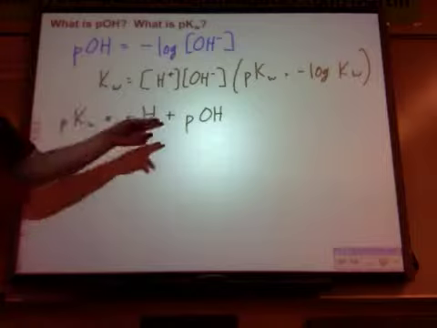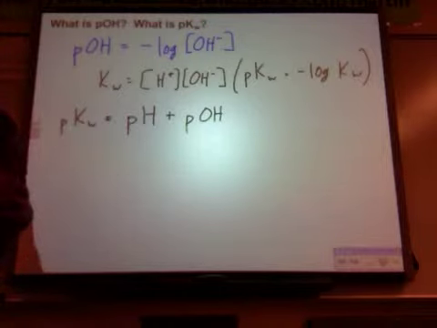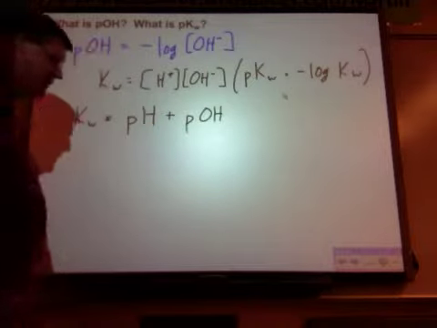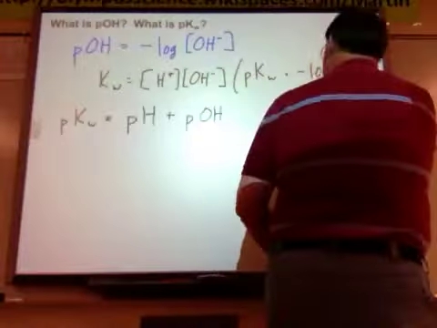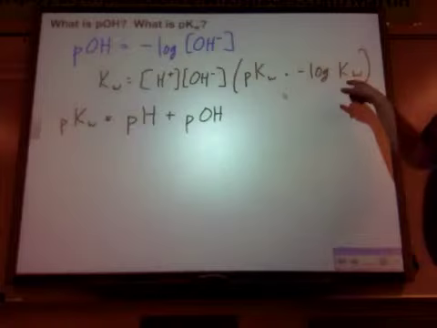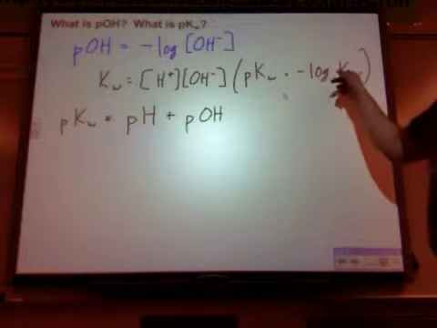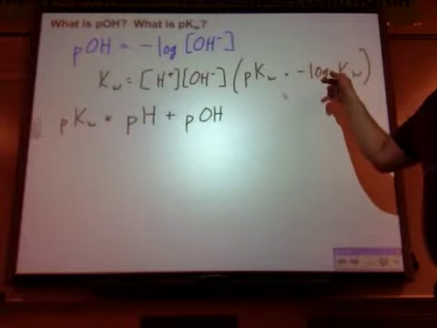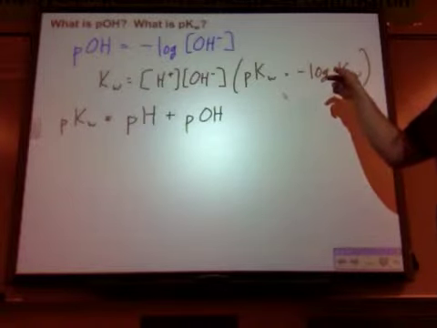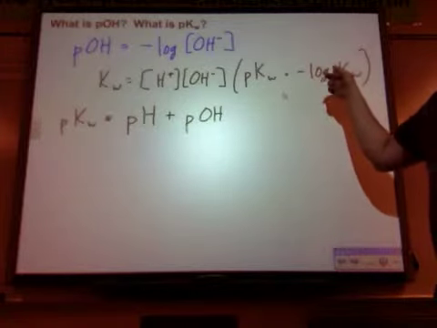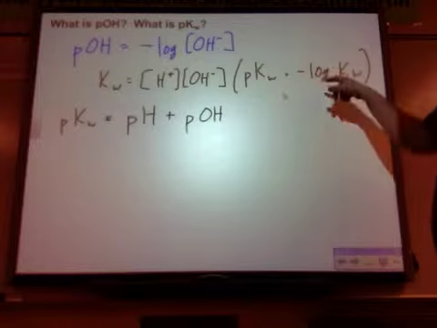Meaning, if you know any two of these, you can find the third. Well, let's bring it over here. pKw, we said earlier, is negative log of Kw. Well, what is Kw? This is something that doesn't vary, isn't it? This is a constant. What's its numeric value?